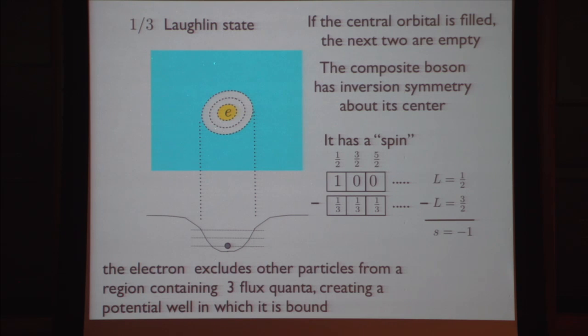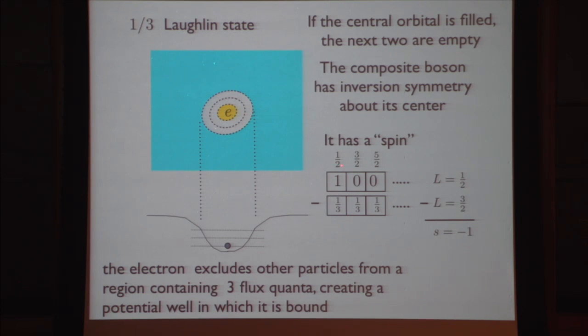If you go back to where I wrote down the angular momentum of the droplet, there was a part that was super-extensive that went like the square of the number of particles, and that's just the momentum you get from a uniform charge distribution in a magnetic field. So once you subtract off the uniform charge distribution, you're left with the extensive part, which is the purely intrinsic geometric part. Right? So what you have to do is compare the occupation pattern 1, 0, 0 to the occupation pattern one-third, the uniform background.